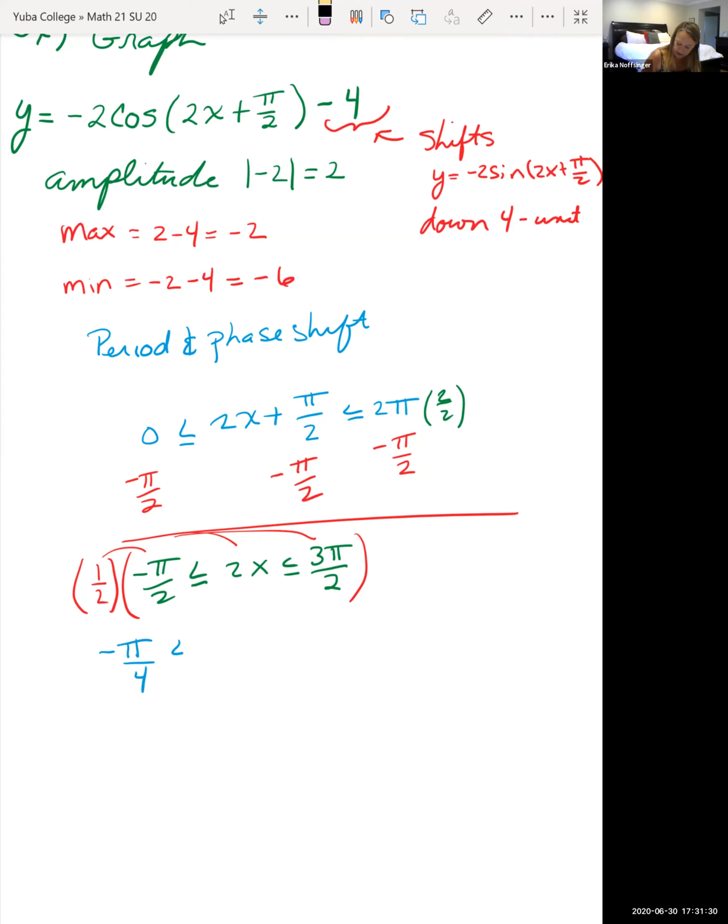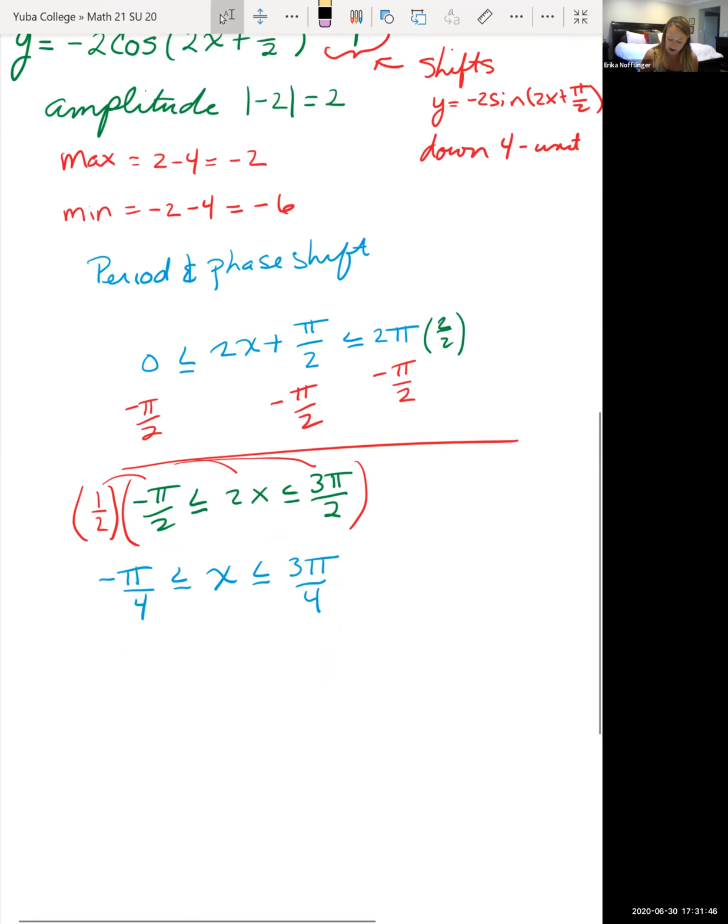This is less than or equal to x, because 1/2 times 2x is x, is less than or equal to 3 pi fourths. So our phase shift is negative pi fourths, or we can say it's pi fourths to the left.